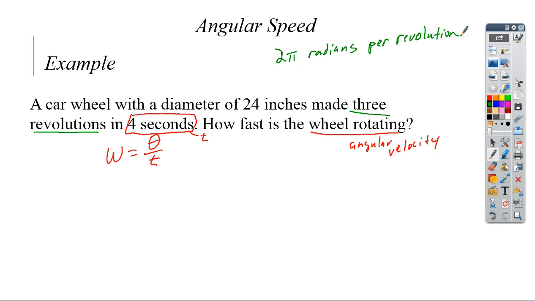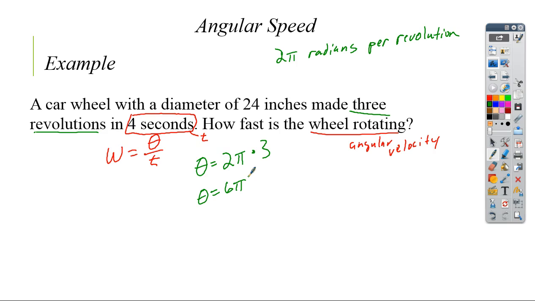So I can get my radians right away by just multiplying 2 pi times 3. So my theta is going to be equal to 2 pi times 3 revolutions, and what do I get? My theta is equal to 6 pi.